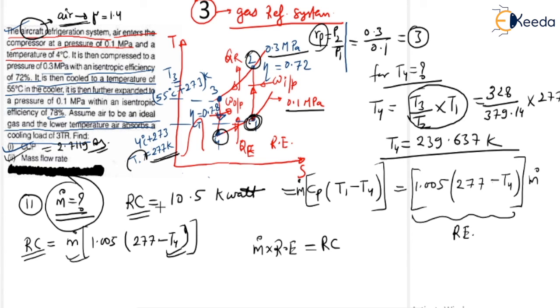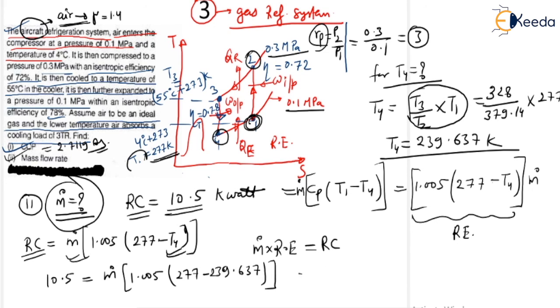So what is the value of this RC? This RC value, refrigeration capacity, is 10.5, and here your mass flow rate, and finally in bracket 1.005 into 277 minus 239.637.